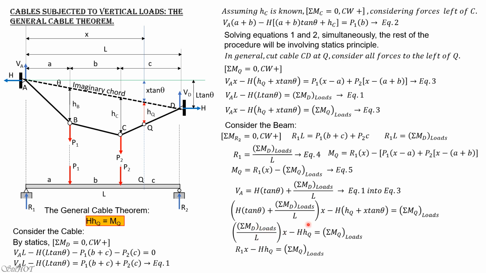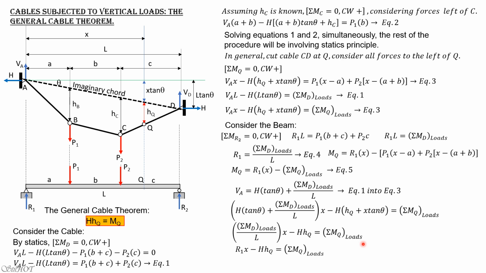Then we have X, this is R1 from this equation here, and times X minus H, capital H times H sub Q equals summation moment about Q due to the loads.